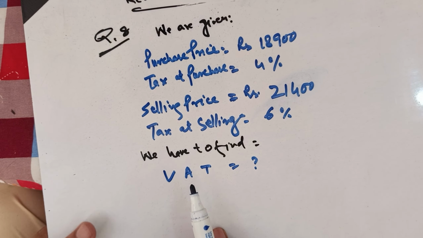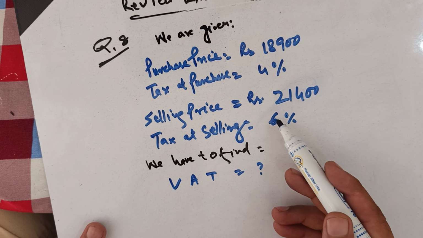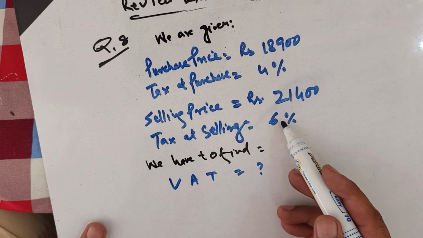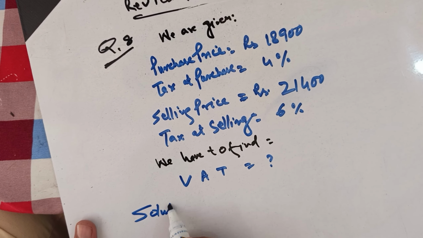We know that value added tax is the difference of taxes paid at different levels. So first we have to find the amount of tax at selling price, and then we will find the amount of tax at purchase time, and we will subtract this amount from this, and we will get value added tax. First I am going to write the formula.